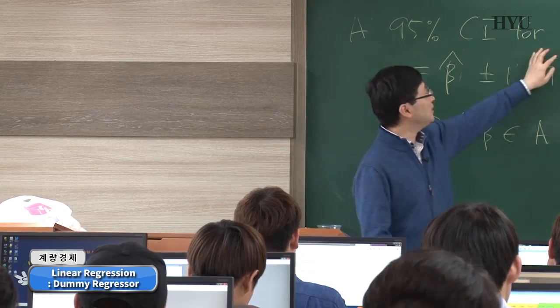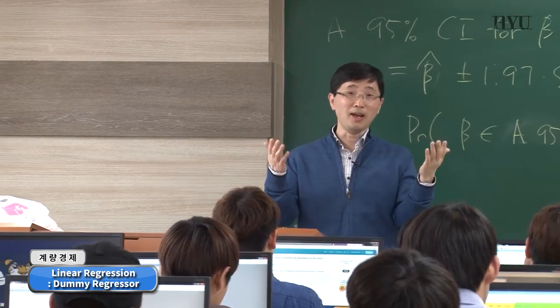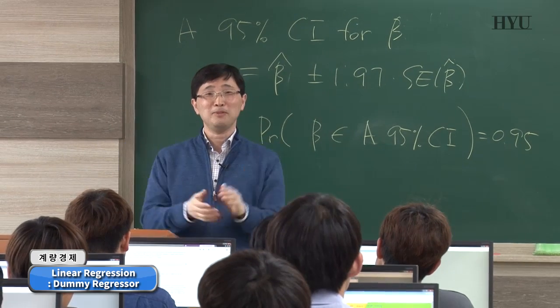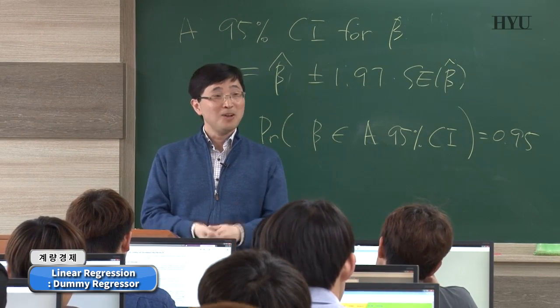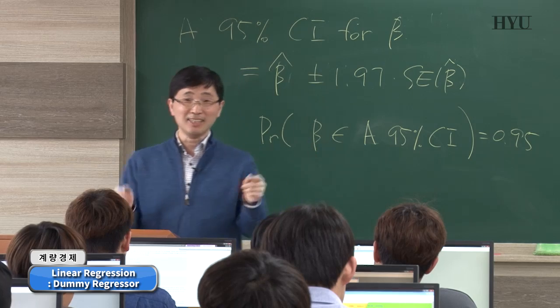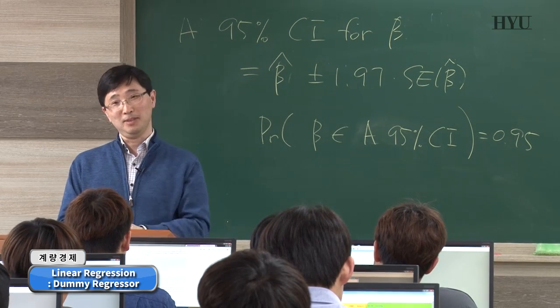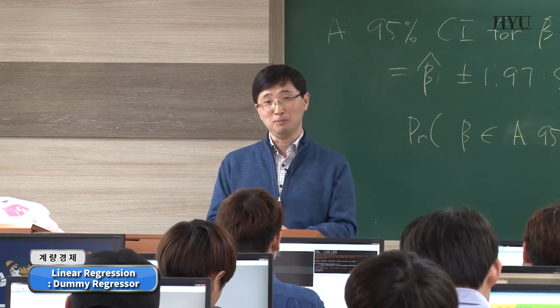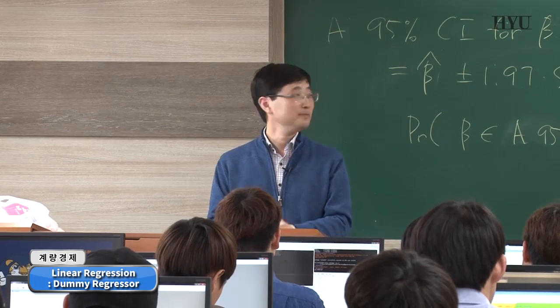So there's no randomness. We just don't know its value. What is the effect for college degree for a general population? What's the answer? We don't know, right? So in that sense, it's a number, but we do not know it. But at least there's no randomness.